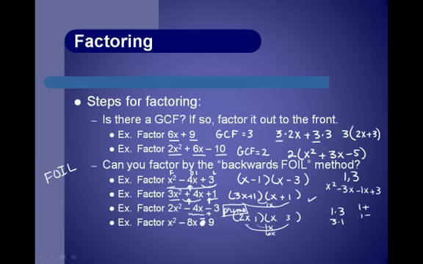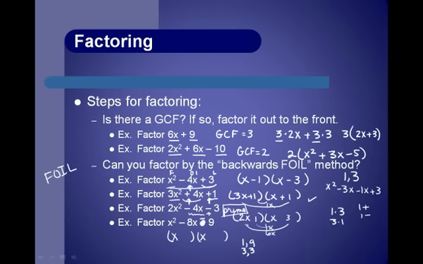Now this last one, I'm going to change that to x squared minus 8x minus 9. So in this case, we know the first two have to multiply to give us x squared, so we'll do x and x. The last two terms have to multiply to give us a negative 9. Well, to get a 9, it's either 1 and 9 or 3 and 3.